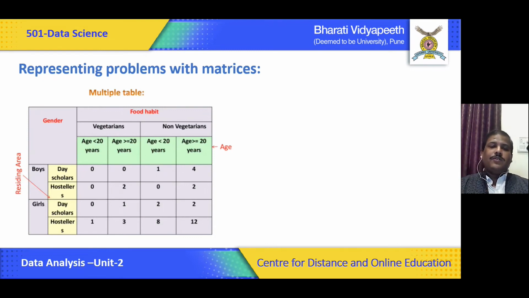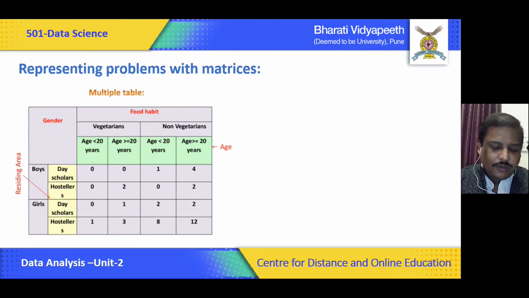This type of situation we require when we are going for data science especially, because data science is a field with different types of analytical work, mining, and pattern design. In machine learning processes it is very important to know how to represent the data in different formats. So this is one of them: representing the problems, the data, in matrix format.